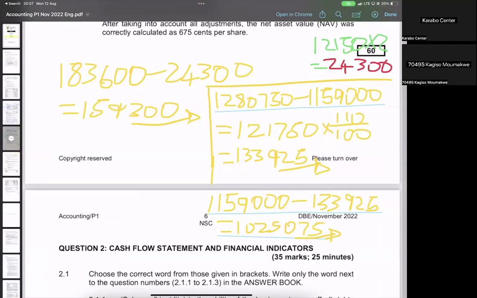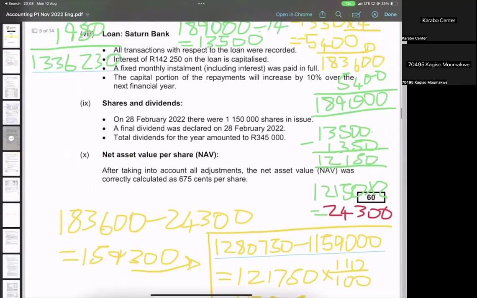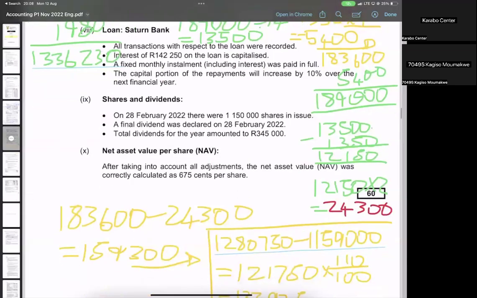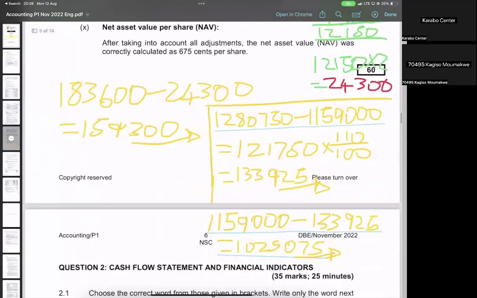And then at the end of the year, we owed the bank 1,159,000. So we wanted to check how much we paid. We said 1,280,750 minus 1,159,000, which gave us 121,750. And then the transaction said the capital portion of the repayments will increase by 10% over the next financial year. So we increased it by 10%, and then we got 133,925.